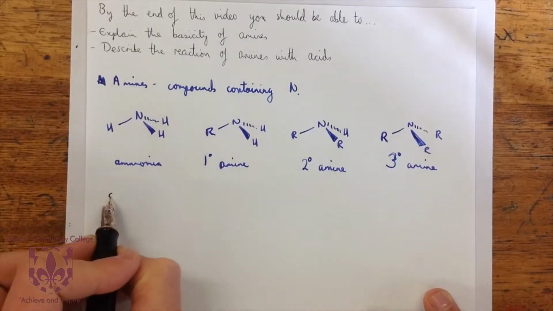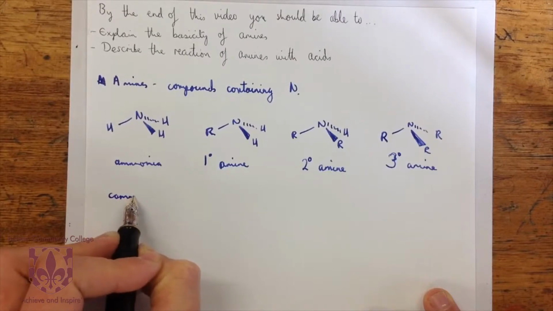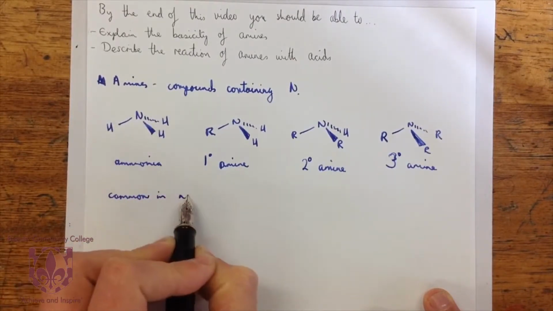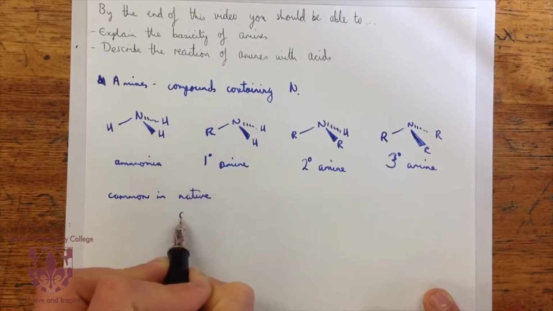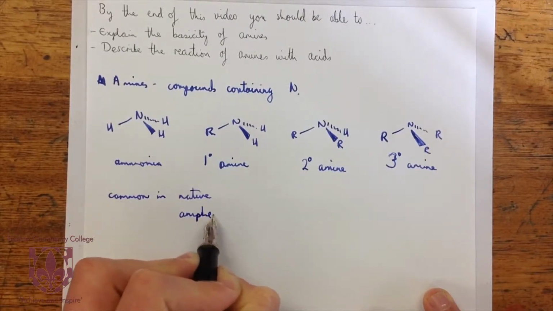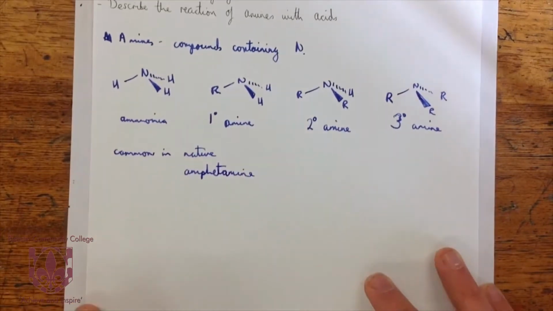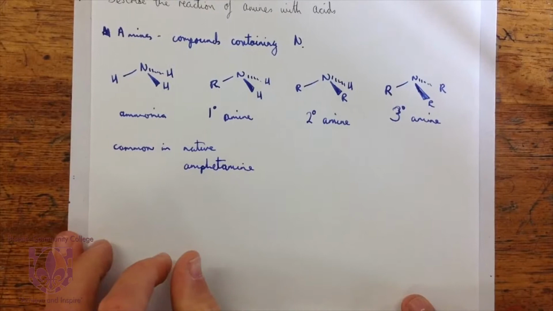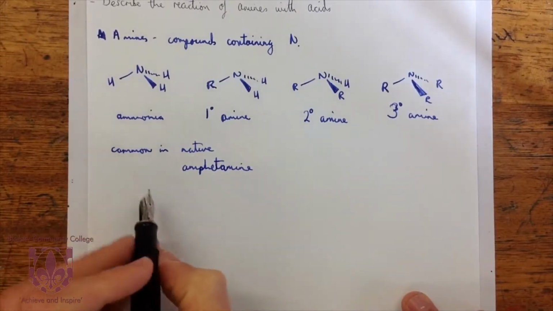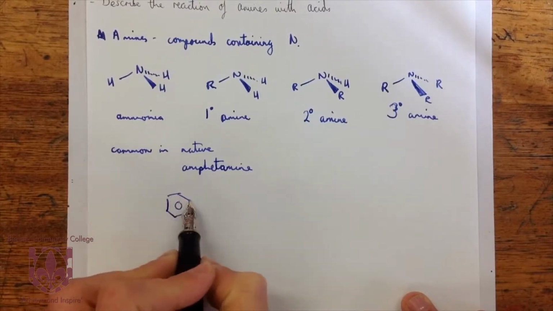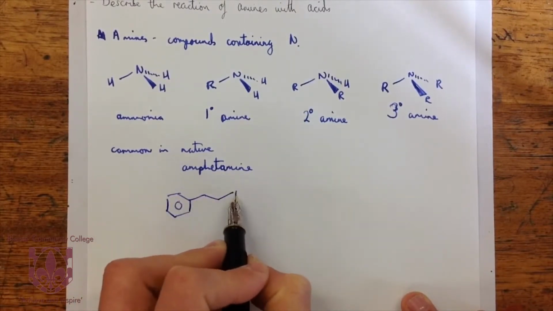Okay, amines are very common in nature. You'll recognise some of these names as I say them. Amphetamine is one. So amphetamines, the stimulant drugs, are all amines, and that looks like this.